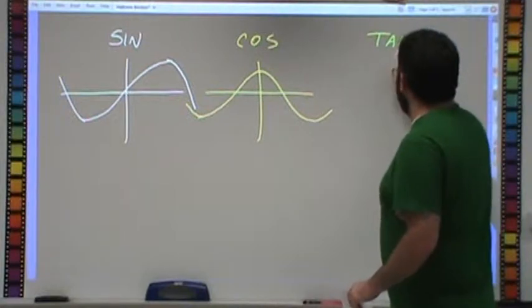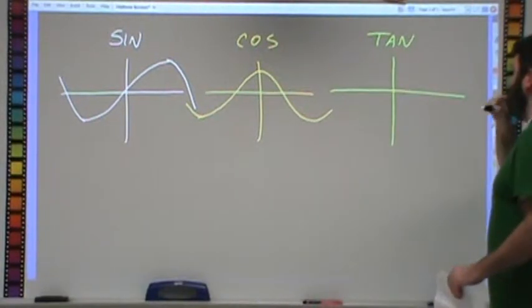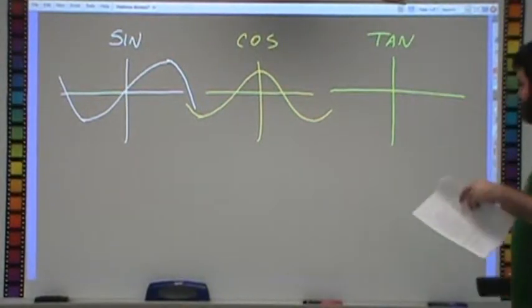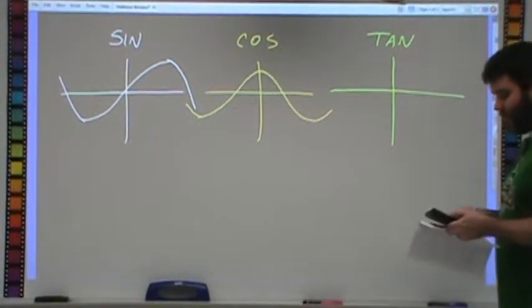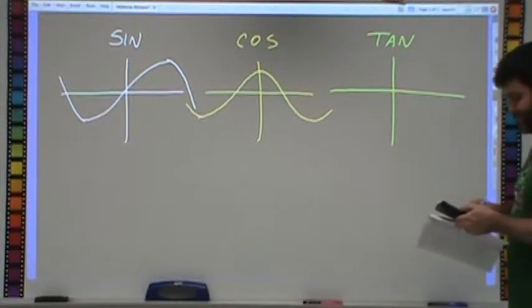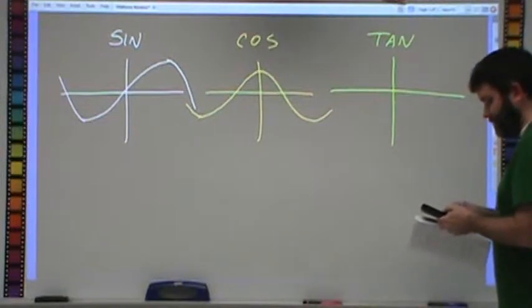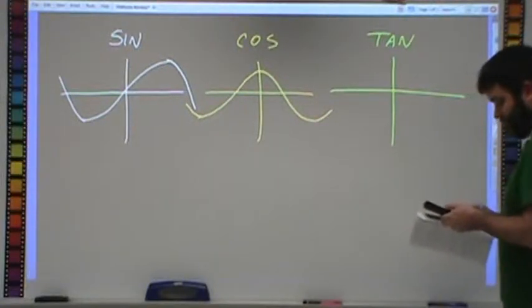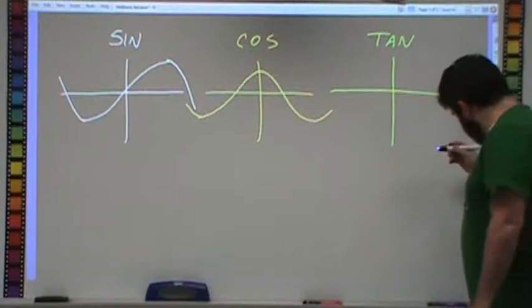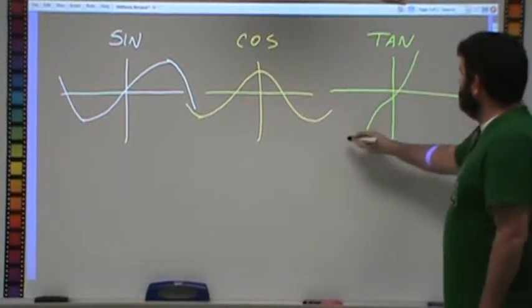The tangent graph is the one that is just the little snakes, but you've got to remember, is it going up or down? That's really going to be your main concern. It's the one that goes up.